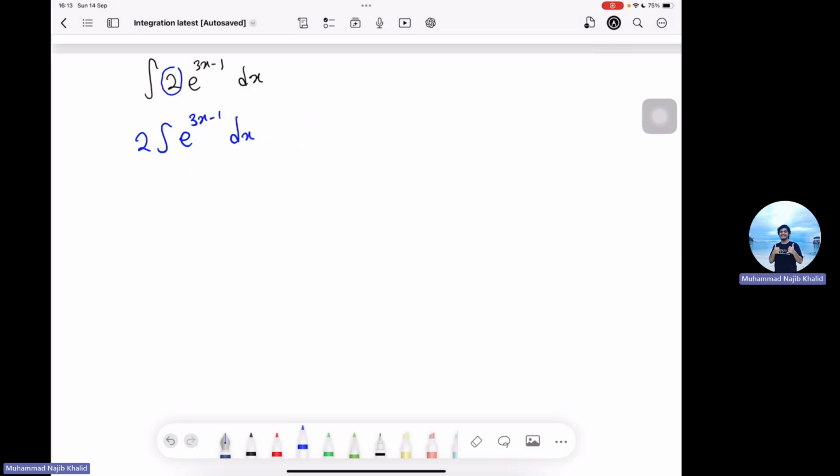You can bring the number 2 outside or keep it inside, no matter. It will give the same answer. If you want to leave it or bring it outside, it is your own choice. Now we apply the method of substitution again.